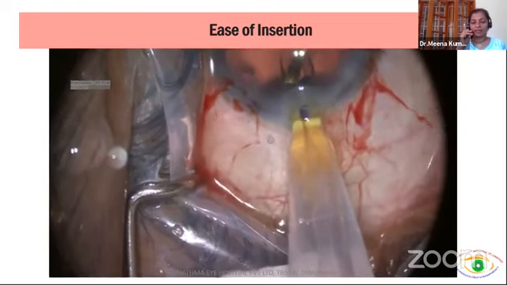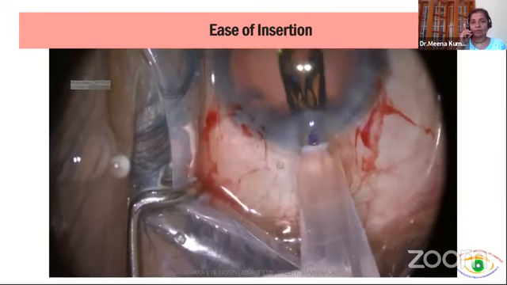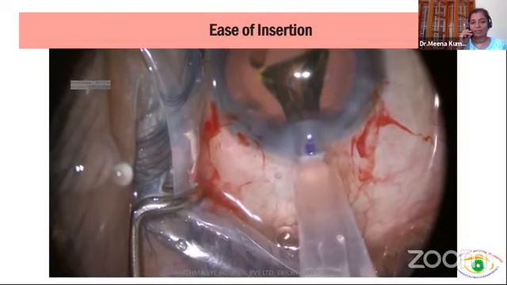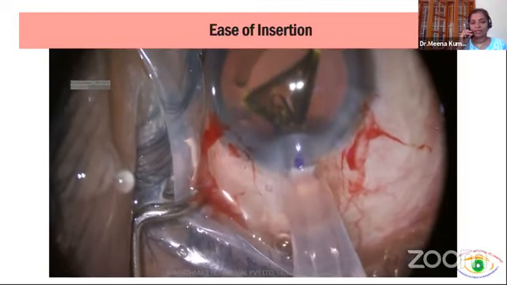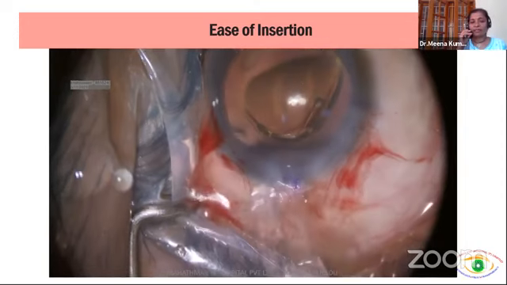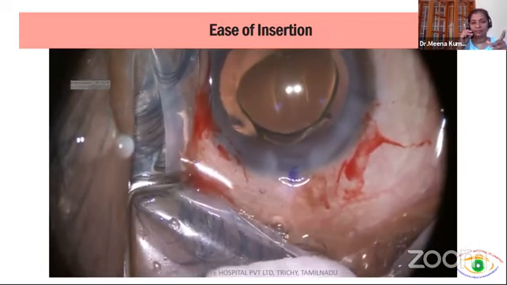Note the advancing haptic, how well it opens up in a very slow manner, giving time. And also the trailing haptic opens in a very gentle manner. And there is no sticking of the IOL. There is no advancing haptic straightening and going into the bag.